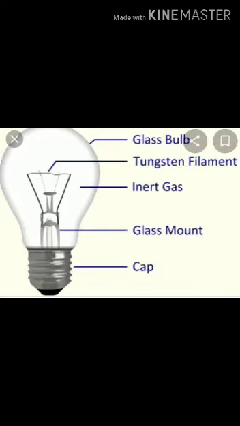The longer the coil, the greater the heat produced. Second is the thickness of the coil. That means the thinner the coil, the more heat is produced. Third is the material of the coil. That means a coil made of tungsten produces more heat than a coil made of copper or other elements.